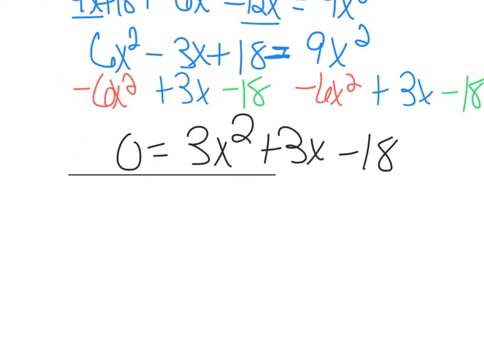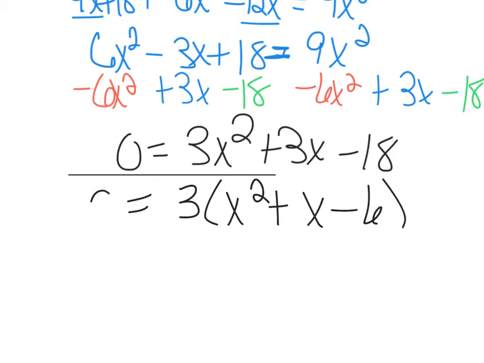Okay, next thing, factor. Well, let's take out a greatest common factor to make our numbers smaller. So I take out a 3, and I get 3 times x squared plus x minus 6.